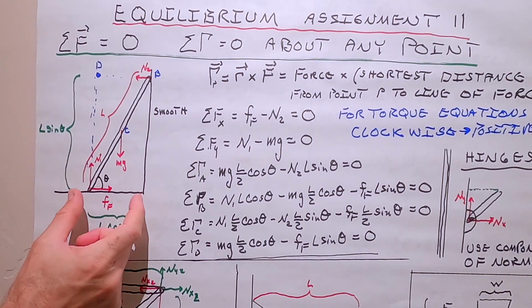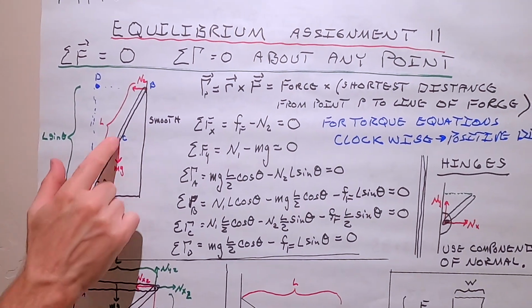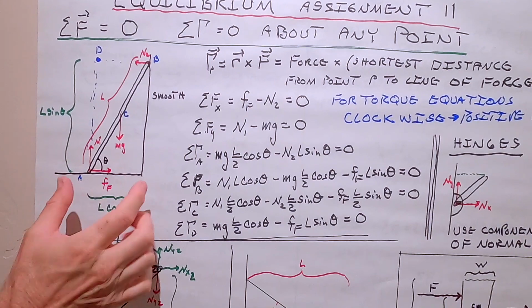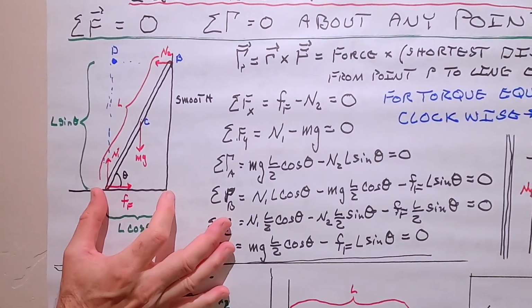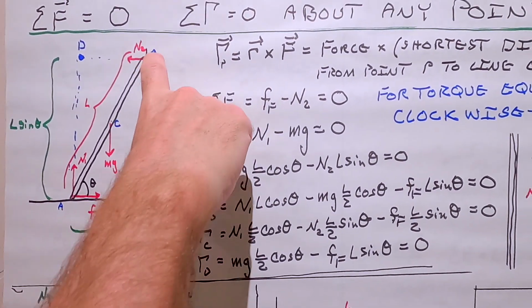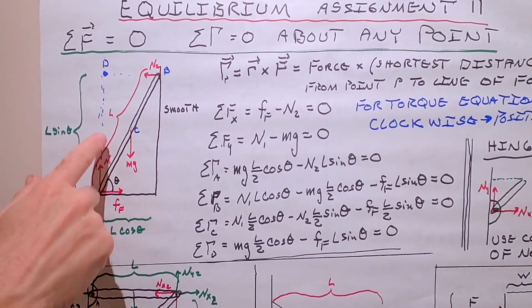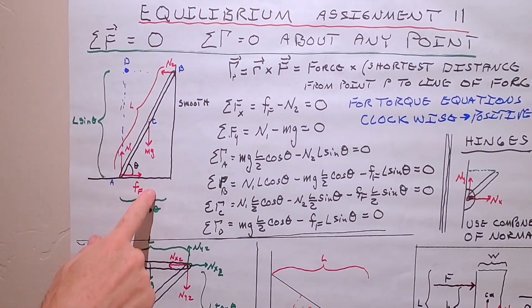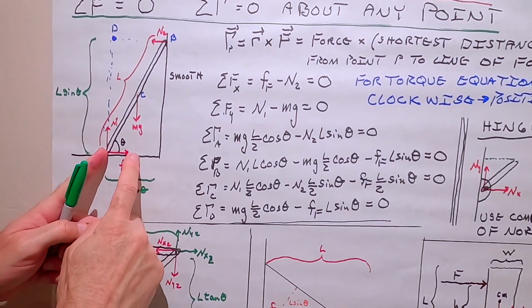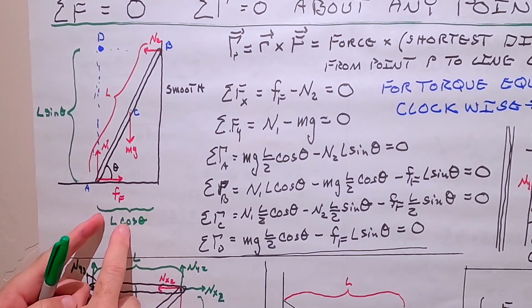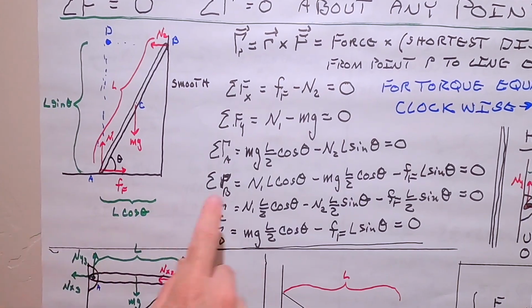Well, just to give you some distances, since this is L and that's theta, this is L cosine theta, and that is L sine theta right here. So when we do the torques this way, we have mg times that distance. Well, that's right in the middle, so it's half of an L cosine theta.